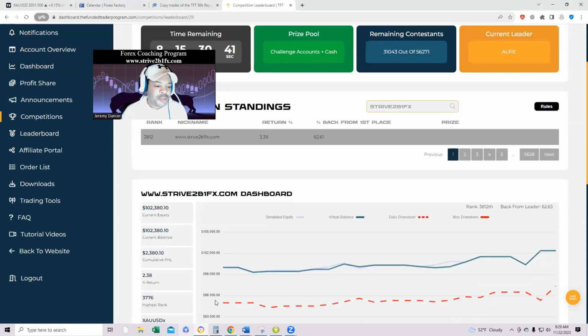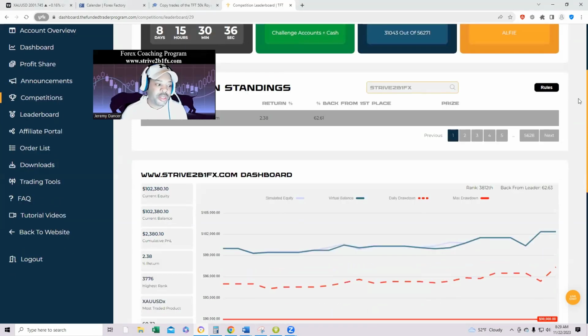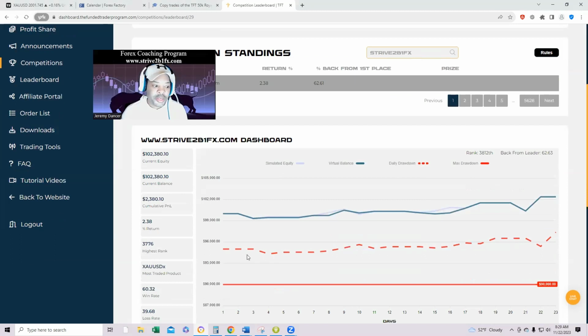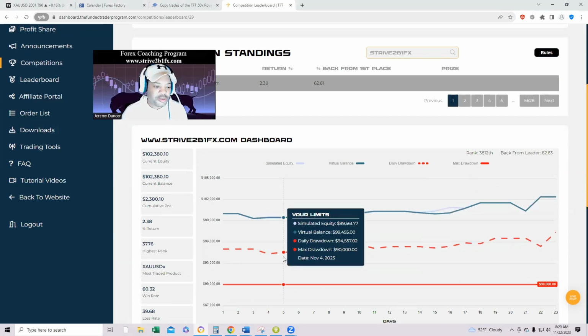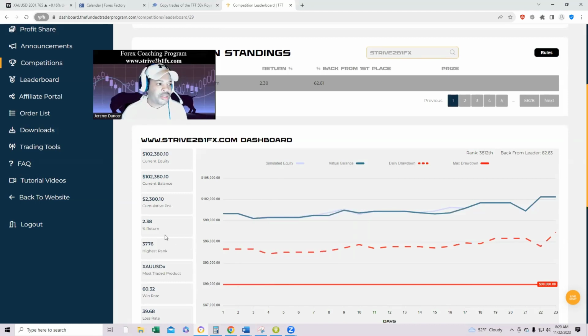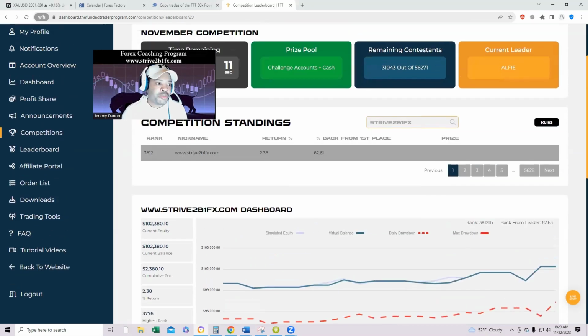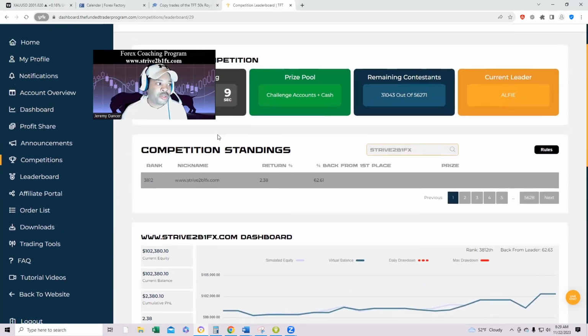I am a little bit down, but I am actually grateful to be in the green, because as you can see here, I did drop down like $5,500 or so, but I was able to recover those losses, and now I am in the green and looking pretty good.